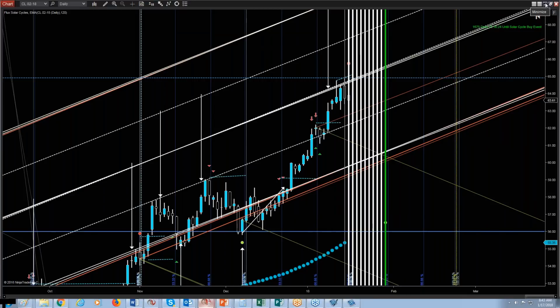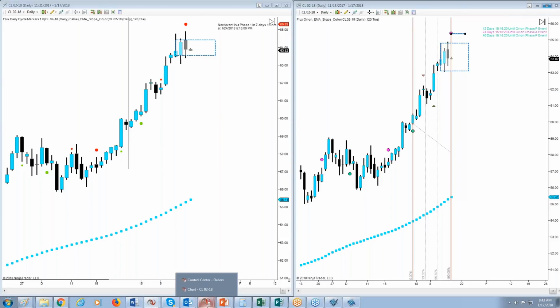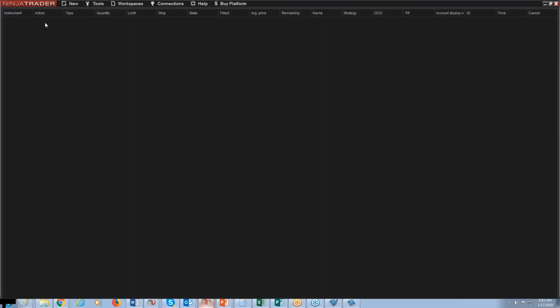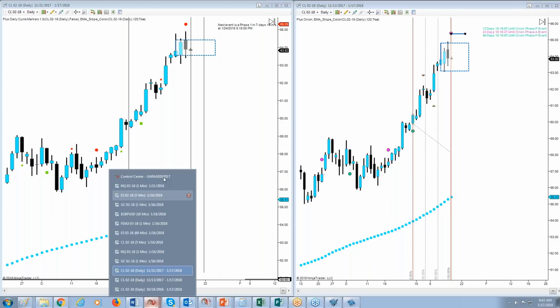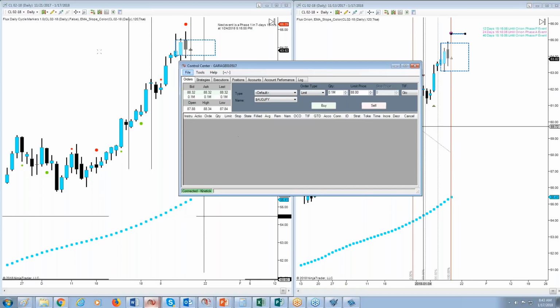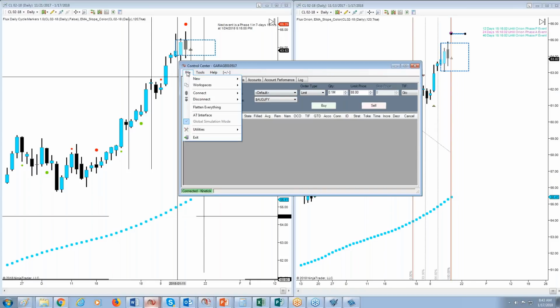And I'll resave that workspace file with the extra stuff on there that I've drawn. Save. All right. Okay. Enough about that. File.